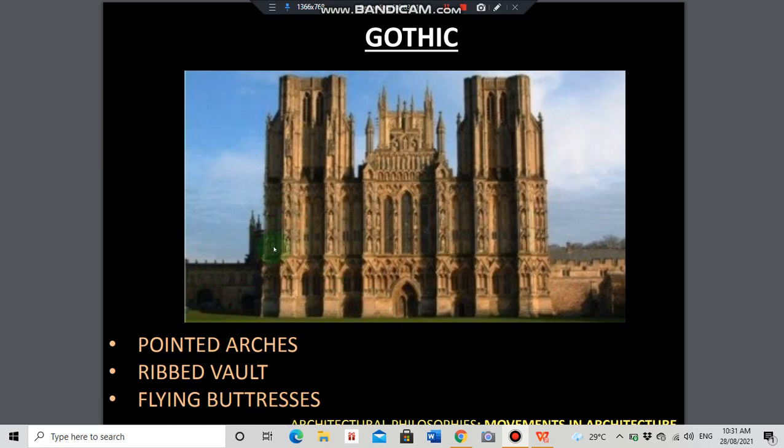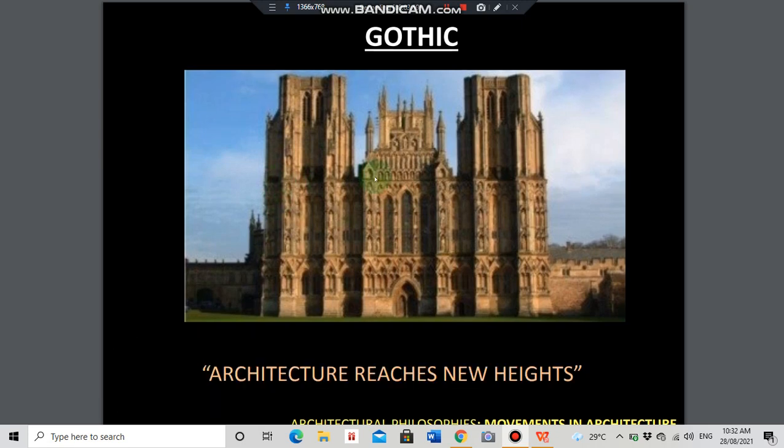So, flying buttresses is a support sa structure para hindi siya matumbang, no? Hindi siya magbumuho. You can verify that or research about the detail of this rib vault, flying buttresses. Okay? Architecture reaches new heights.